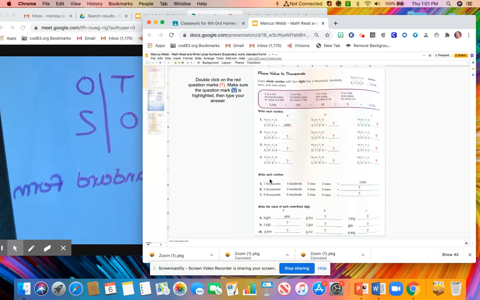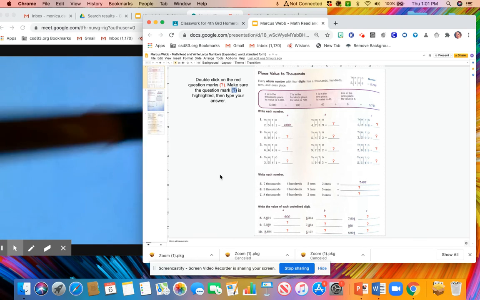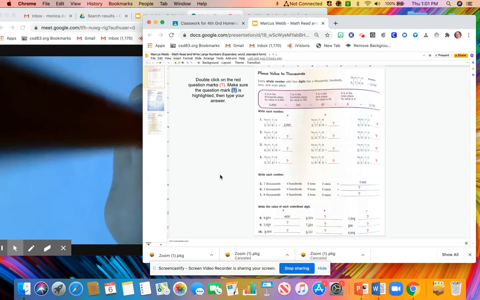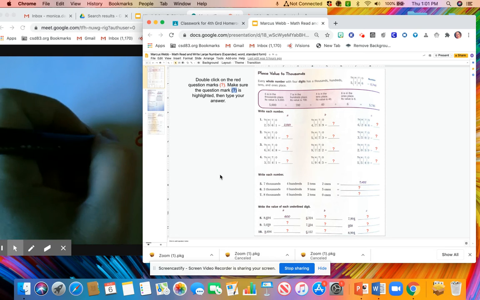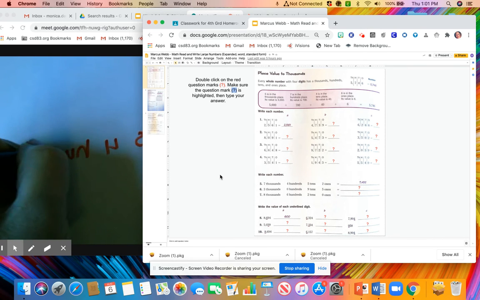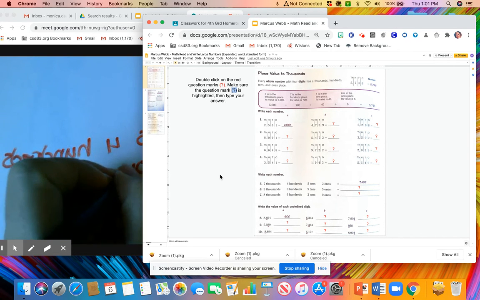All right, so I'm going to move on to something a little different. So if I said I want you to write each number, and this is what you see. You see 7 thousands, 4 hundreds, 5 tens and 2 ones.